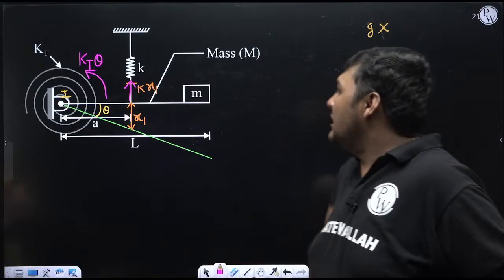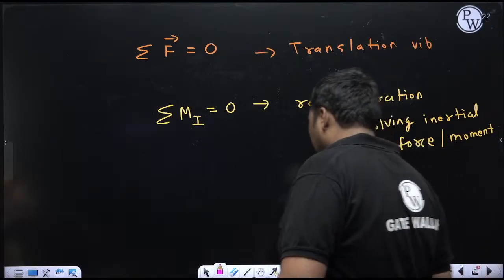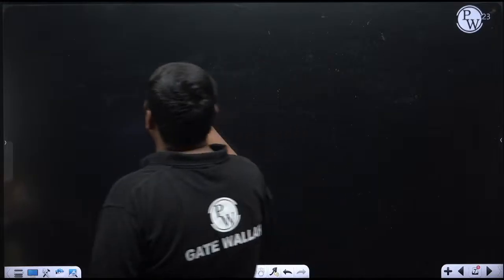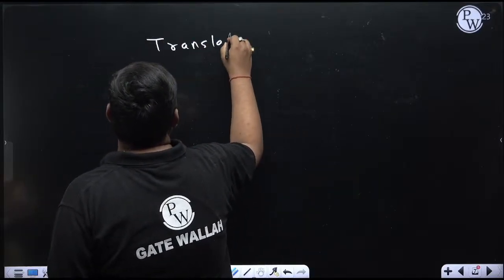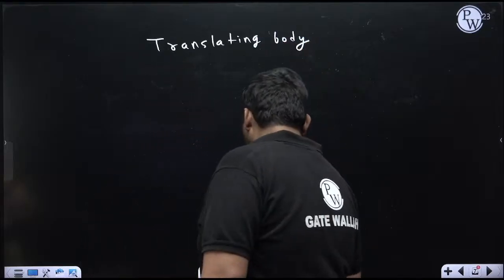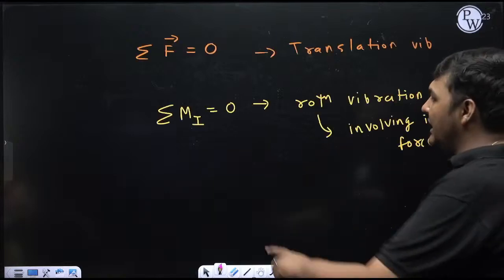So see, what about inertial force? I am discussing it separately. Whenever any body whose mass is m is translating, for a translating body, inertial force will come into the picture, like here we have taken.